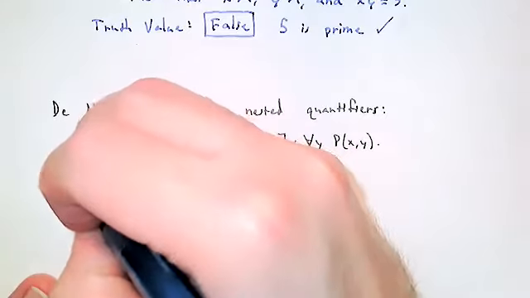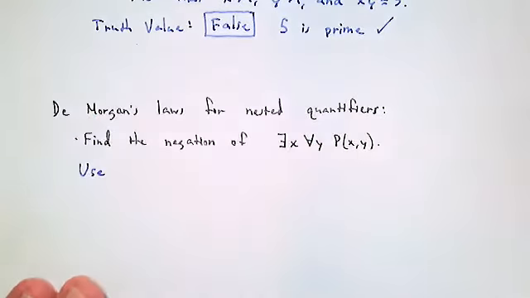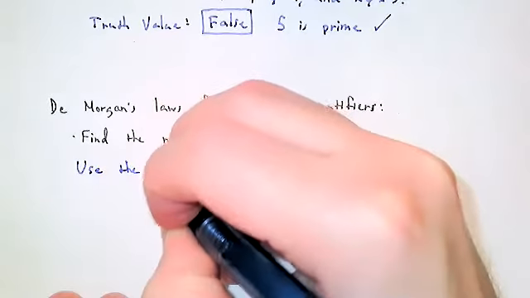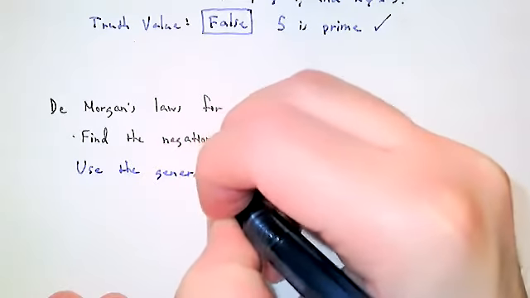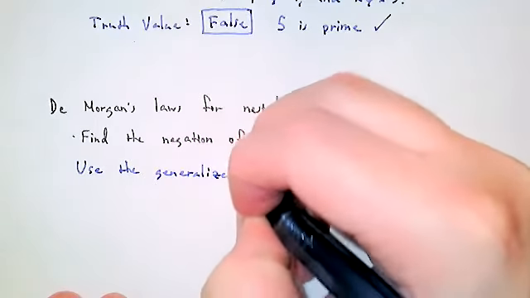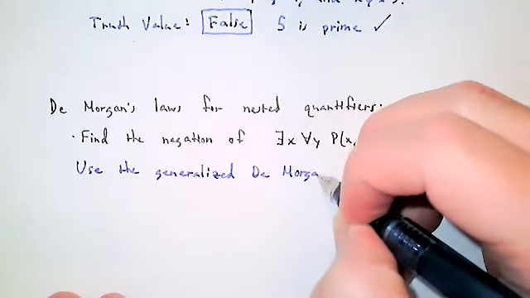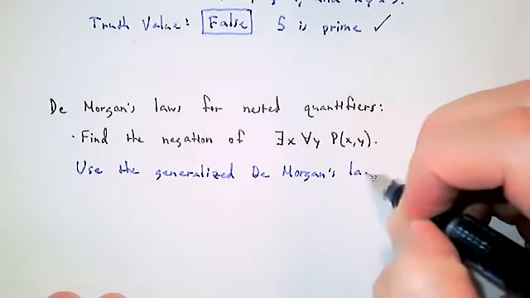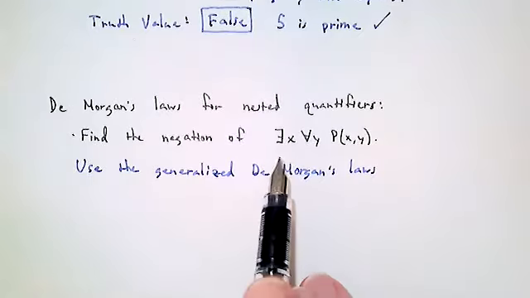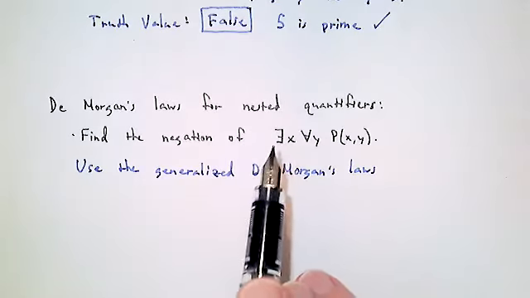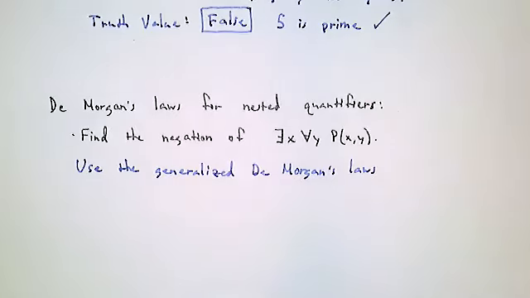Those were called the generalized De Morgan's laws, just to give them a name. Those were the laws that told us that when we put a negation on the quantifier, we switch the quantifier and move the negation to the inside.